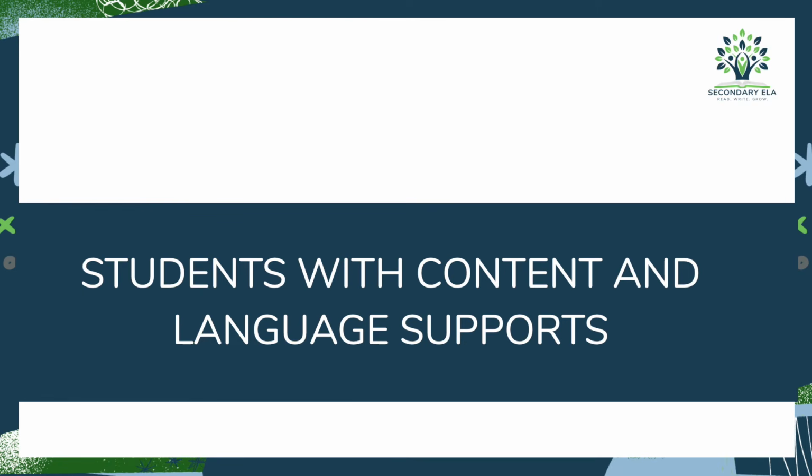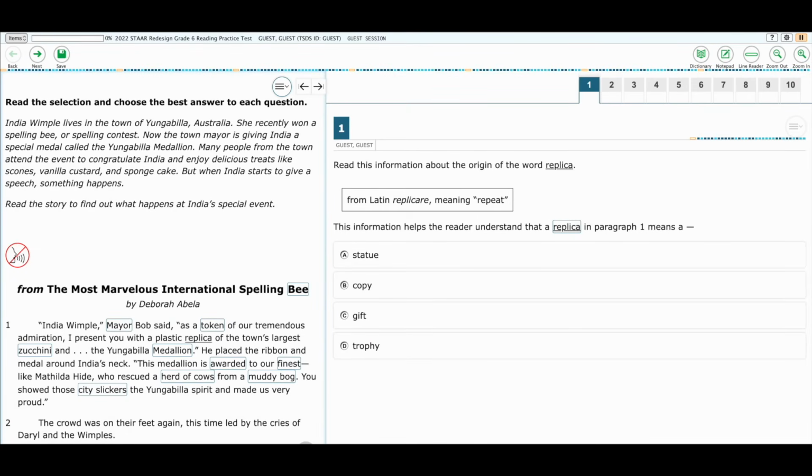Students with documented content and language supports will notice that their passages and questions have some additional features in addition to the ones that we showed in this video. If you notice that a word has a box around it, if you click or tap on that word, you'll get a pop-up that gives you some additional information about that word that could help you in your understanding.